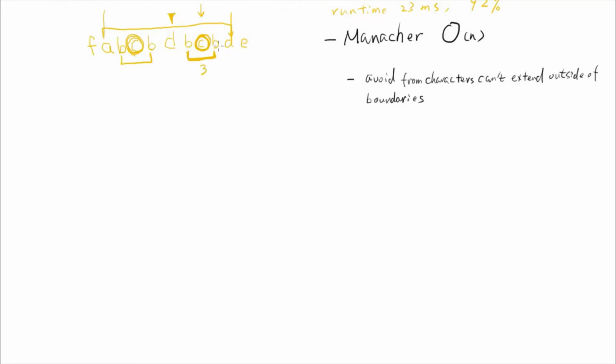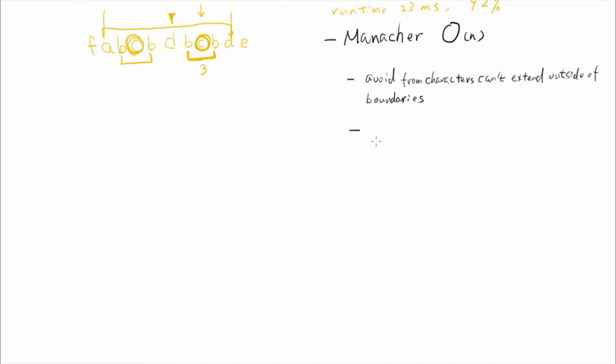So we don't try to extend from the letter C because it's totally contained by the boundary created by the letter D. Then we will quickly move to the next character if we know that it's contained.